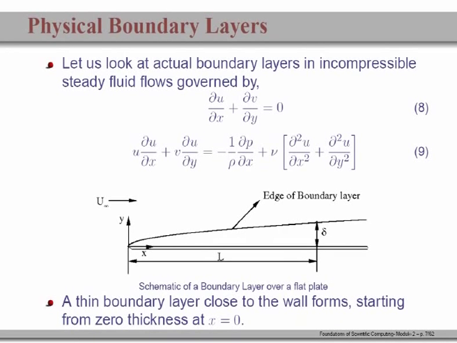You place a flat surface, or a flat plate as we call it, exposed to a uniform flow u infinity. Then you are going to see the velocity in the streamwise direction have a very specific structure.